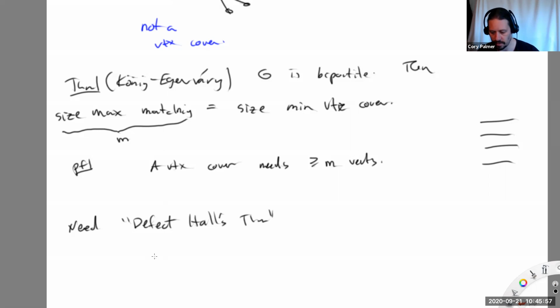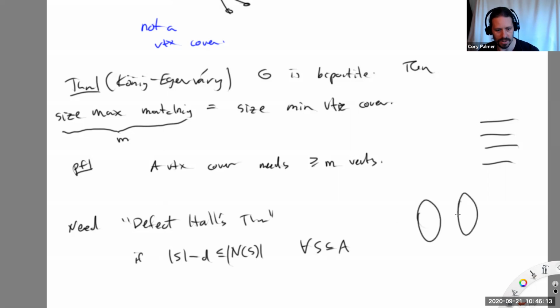But it says the following, let me write it this way: if |S| minus D is at most the size of the neighborhood of S for all subsets S of the vertex set of A. So we have a bipartite graph with classes A and B. Just think of the model of Hall's theorem. So this is our new condition here.